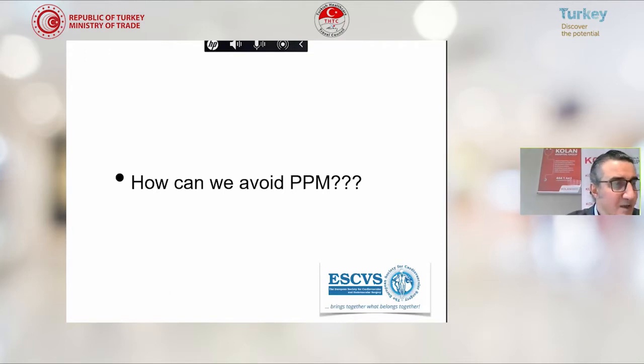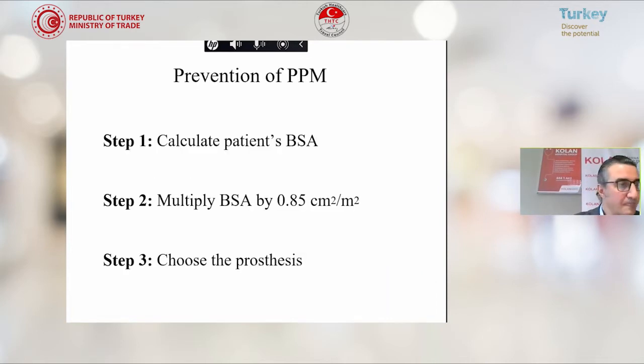The important question: how can we avoid patient-prosthesis mismatch? It may be avoided or its severity may be reduced by applying a preventive strategy at the time of surgery. The first step: calculate the patient's body surface area from the patient's weight and height.